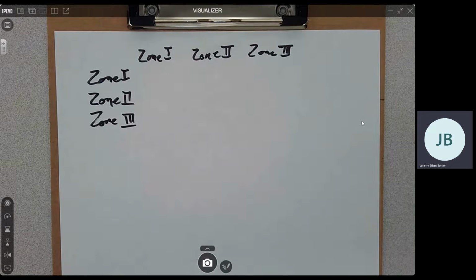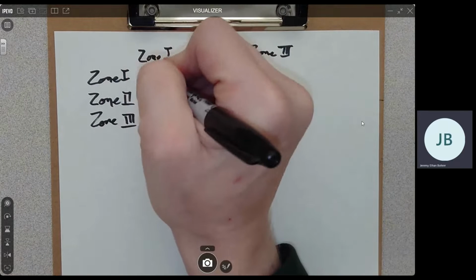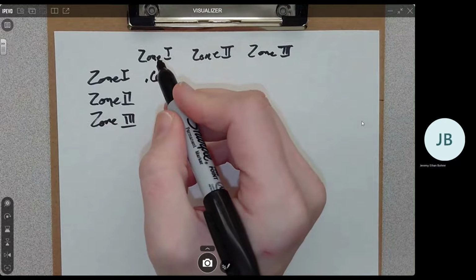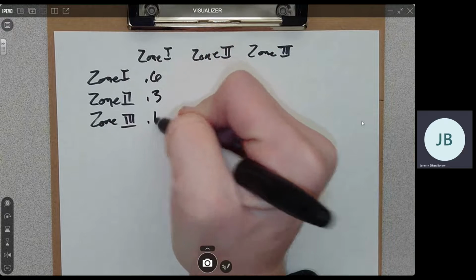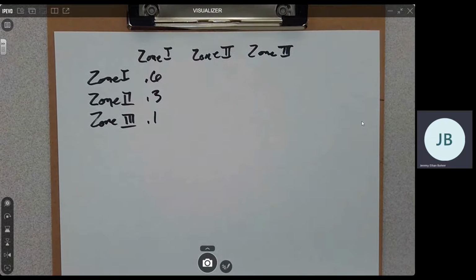And we're told that 60% of the passengers picked up in Zone 1 are discharged in Zone 1, so that's 0.6. 30% are discharged in Zone 2, and 10% are discharged in Zone 3.